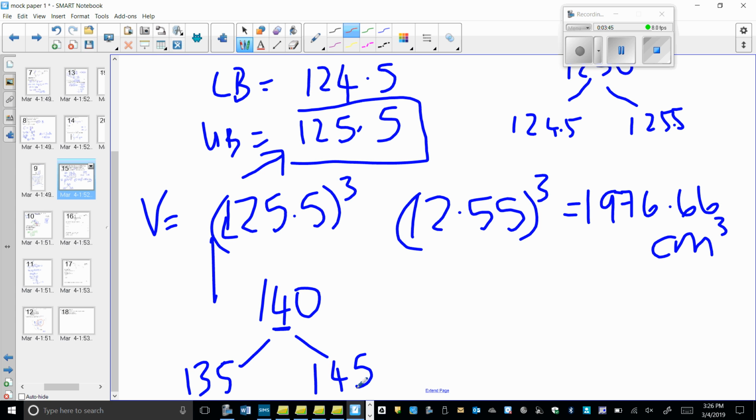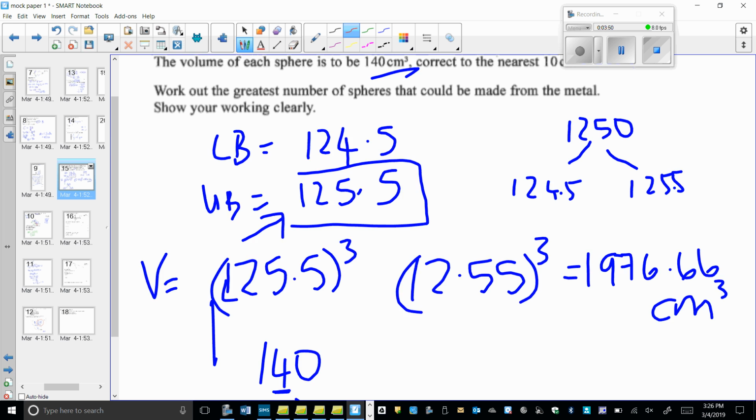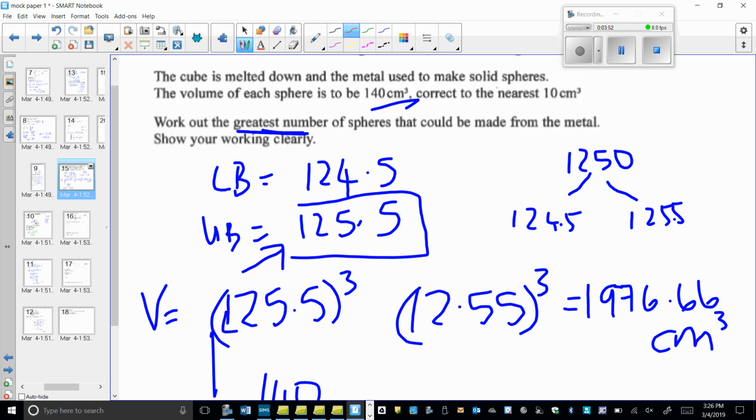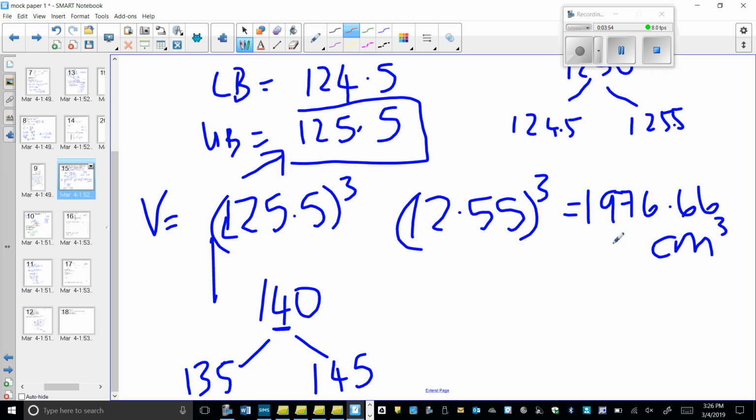So because we're dividing, and we want to find the greatest number of spheres, we want the biggest volume of the cube and the smallest volume of the sphere. So we're going to do 1976.66 divided by our smallest sphere option, which is that.